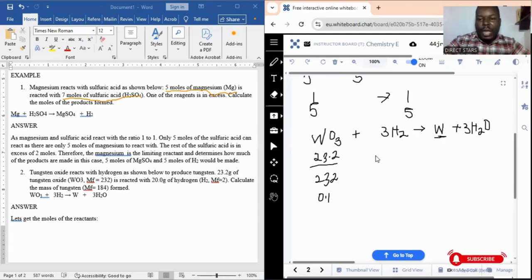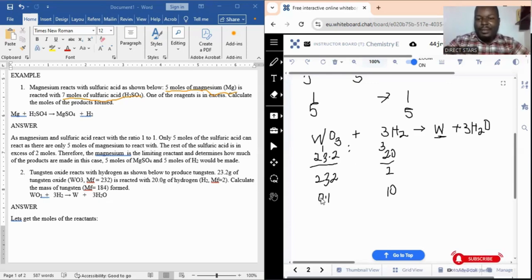For hydrogen, we have 20 grams divided by the formula mass, which is 2, and then we have 10 moles of hydrogen. So we check the mole ratio of tungsten oxide and hydrogen. That is 1:3, which means for every 1 mole of tungsten oxide, we'll require 3 moles of hydrogen.